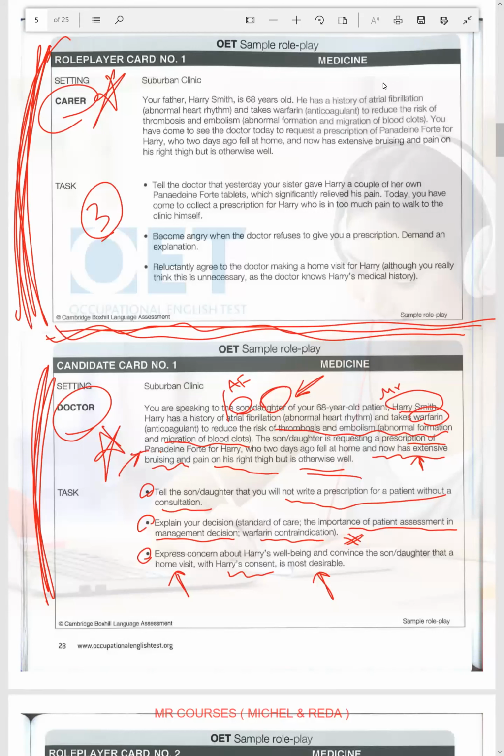Anything else? Do you have any other concerns? No, that's it. Thank you. I will arrange this visit immediately. Thank you so much. Great. Perfect. You have done perfectly as a carer.